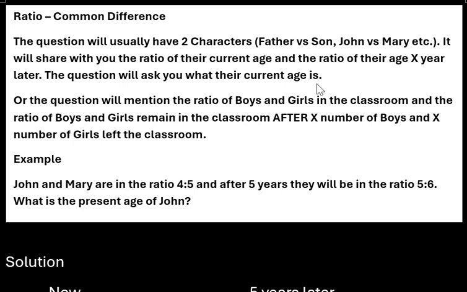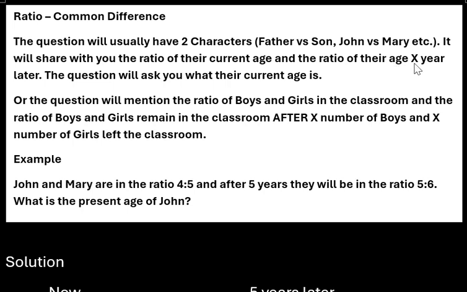Similarly, for the same type of question, the question will mention the ratio of boys and girls in the classroom and the ratio of boys and girls remaining in the classroom after X number of boys and X number of girls left the room. So the trick here is that it is X number of boys and X number of girls, which means the number of boys and girls that left the room is exactly the same, similar to the age X years later.